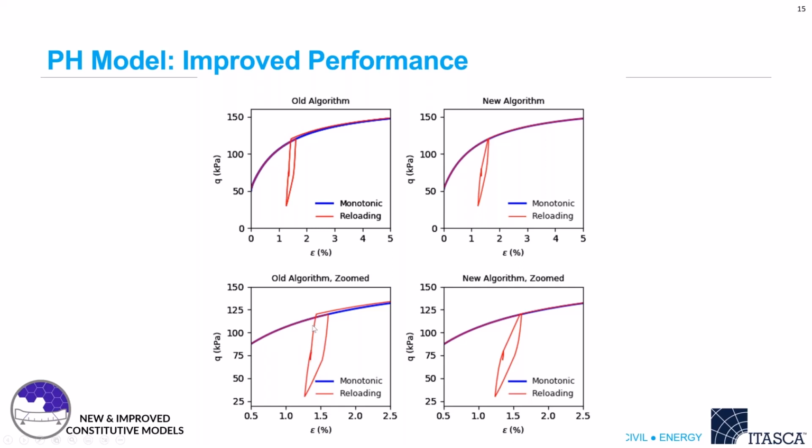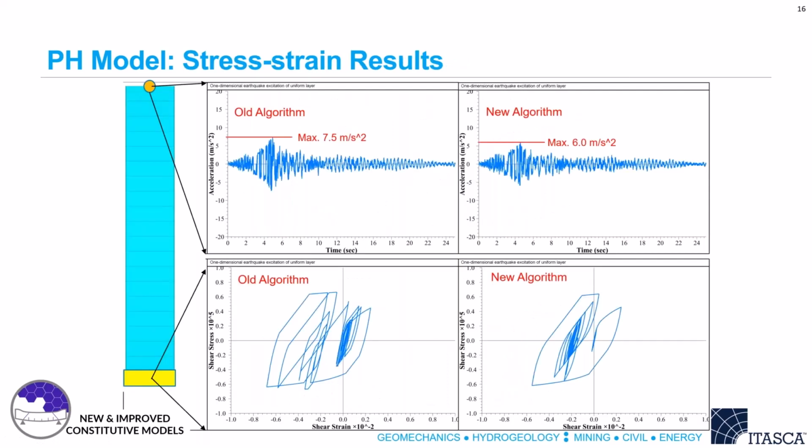The problem of the old algorithm is that when the hysteretic loop goes back to the monotonic path, it does not reach the original unloading point. If we look at the new algorithm, the nested hysteretic loops can be simulated perfectly.